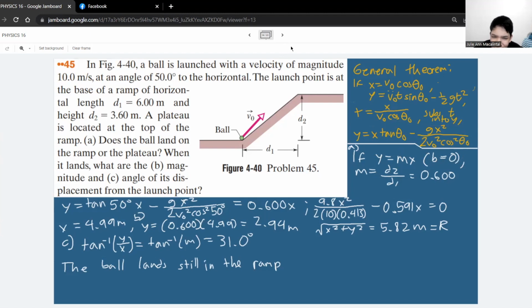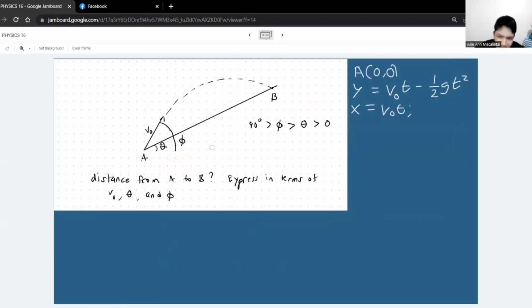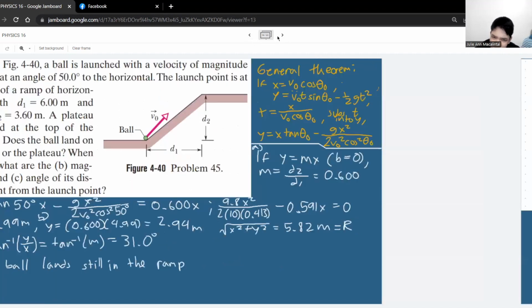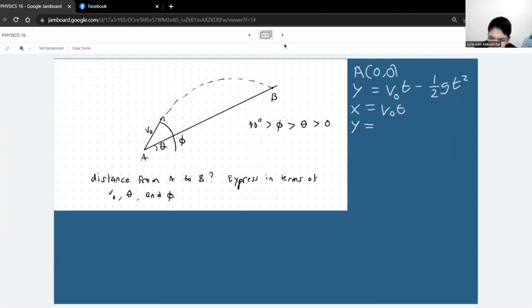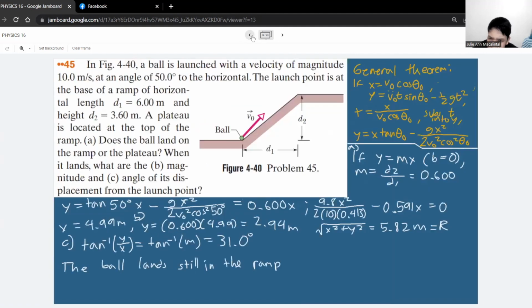Hindi, punta tayo dun sa ginagawa mo. So, ngayon, wait. Yung y, hindi pwedeng y equals v0 times t minus 1/2 gt square. Ano yung coordinate system mo diyan? Radial, tawag po lang. Teka, tingnan mo yung symbols na dinefine.